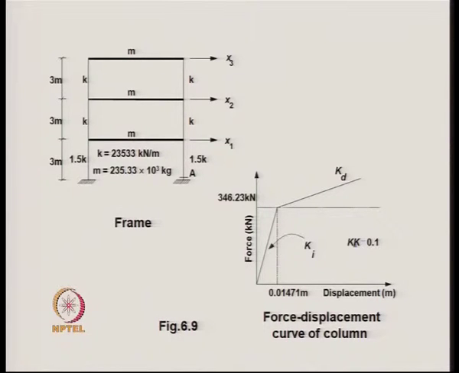In the case of the bilinear curve, whenever we find that the bending moment has exceeded the yield value, then the stiffness of the column is taken as Kd, not as Ki.